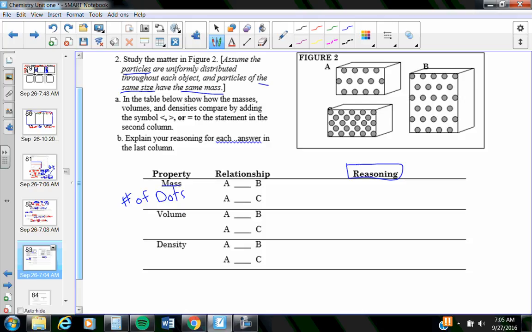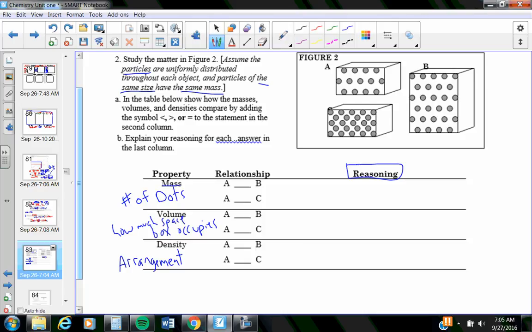Volume has to do with how much space it occupies, the box. The density is a ratio between them, but since we don't have any mathematical concepts, it's going to have to be about the arrangement of these particles, how tightly or loosely they are packed.